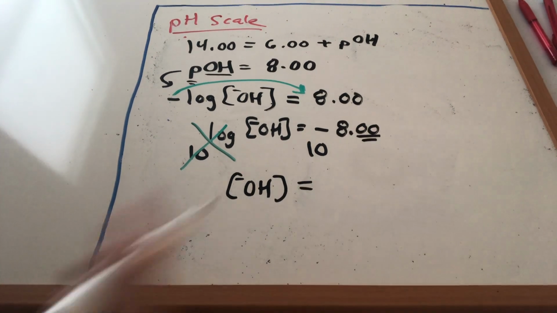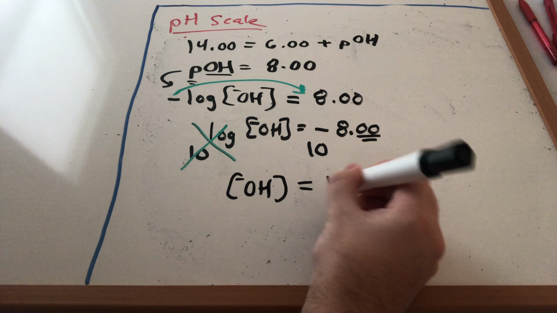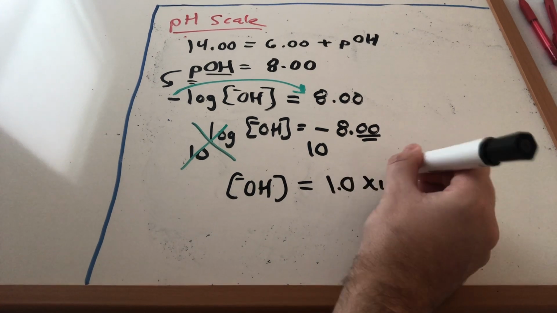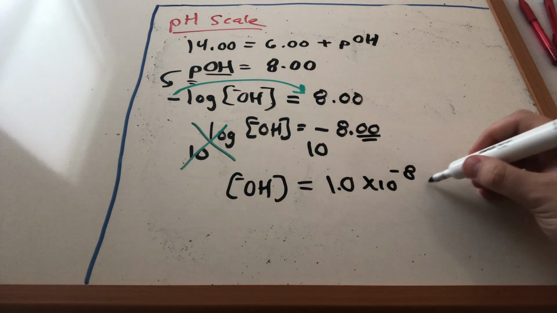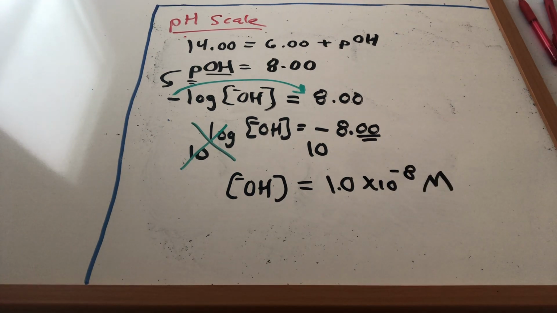You look for the significant decimal places here. These become the total significant figures here. What you get out of this is that the OH minus concentration in this solution is 1.0 times 10 to the minus 8. And then we remember that at the end of the problems, we report the units: 1.0 times 10 to the minus 8 molar.